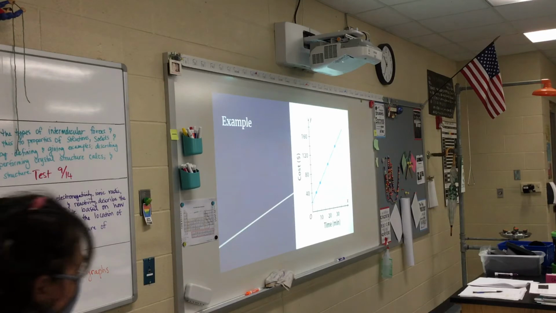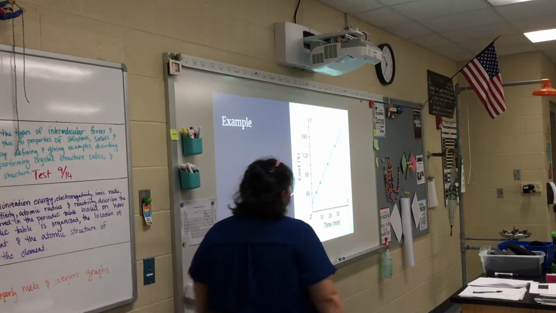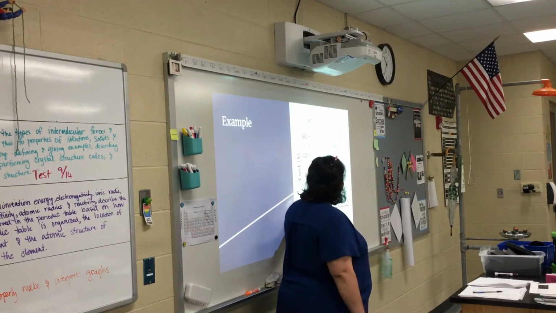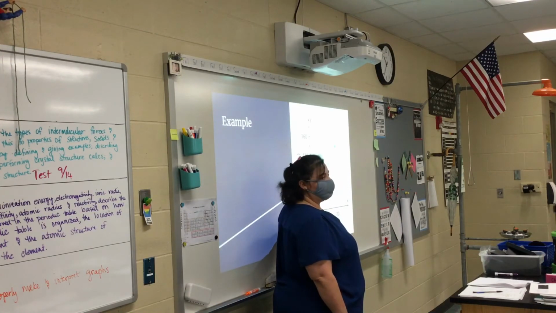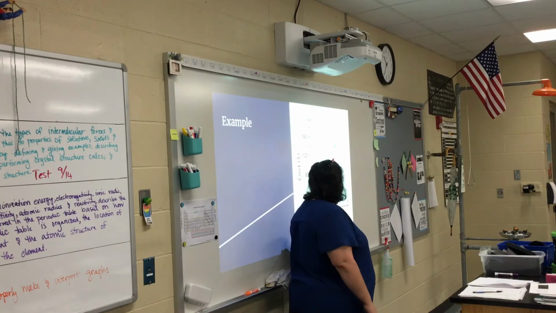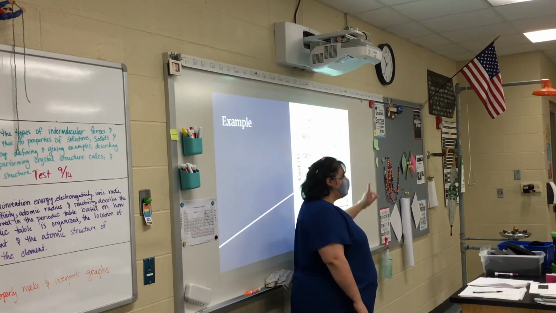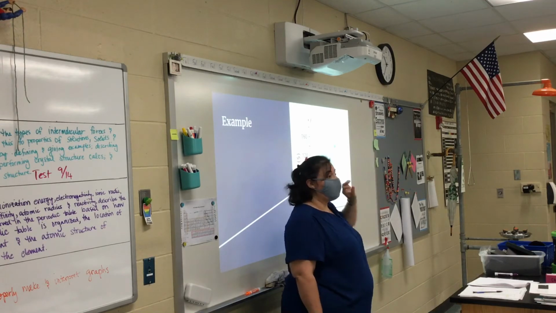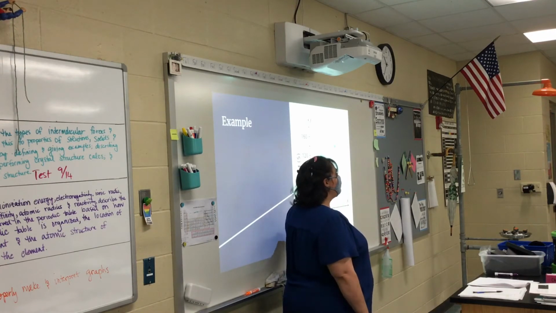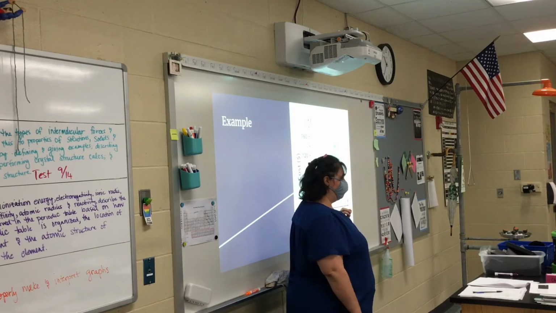Yes? Up? What is it going up by? 20s. It's going up by 20s. What is it going over by? 5s. Thank you for pointing that out, because that's going to affect how we interpret that slope, or how we interpret our numbers for the slope. Okay?